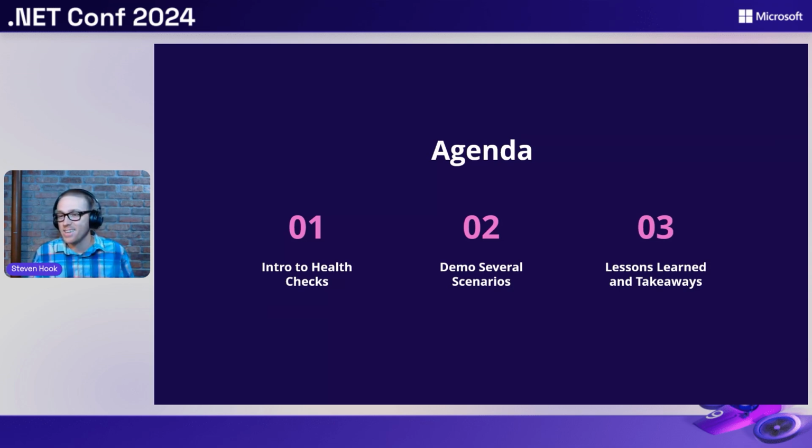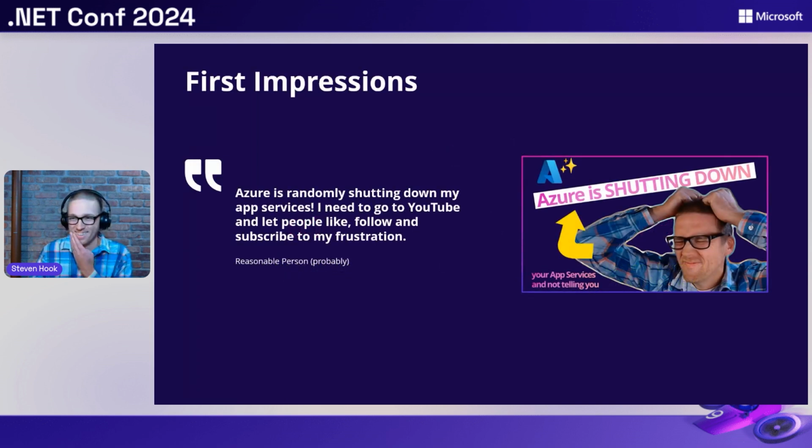So like any new developer learning something new and having trouble with it, my initial reaction was something like this. I'll read this to you. "Azure is randomly shutting down my app services. I need to go to YouTube and let people like, follow, and subscribe to my frustrations."